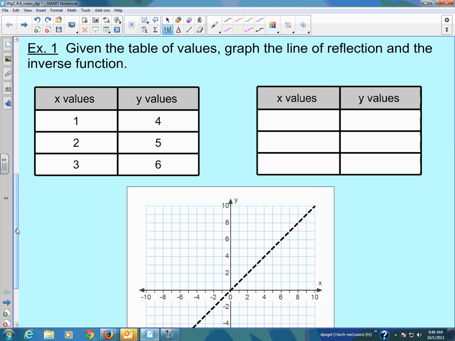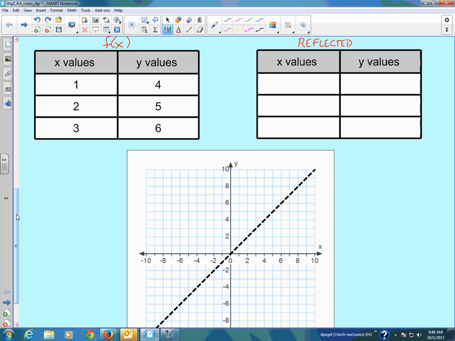So we'll call this our original, and this is our reflected values. We talked about how when we reflect, we simply switch our x and y. So let's look at the coordinates first. 1, 4. And here we are at 1, 4. And then 2, 5. And then 3, 6.